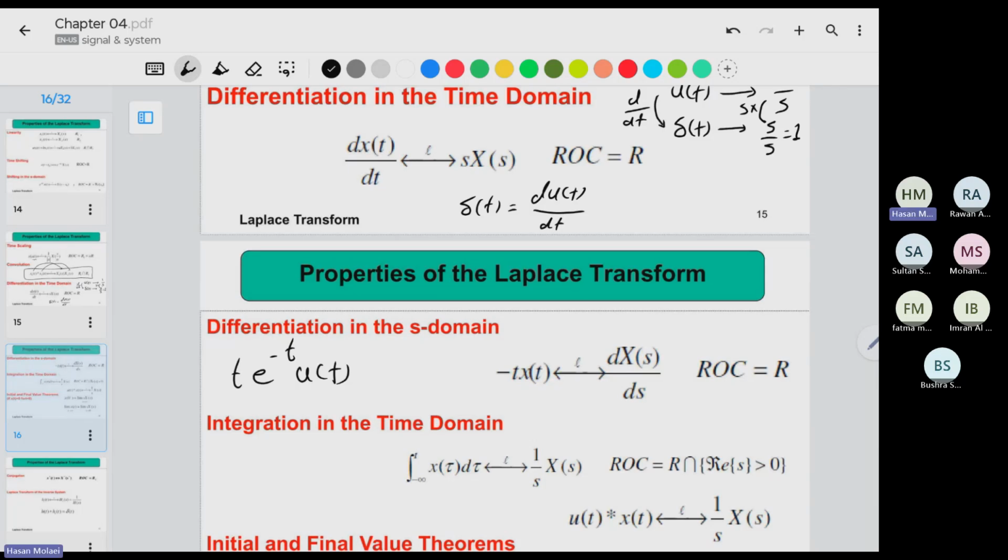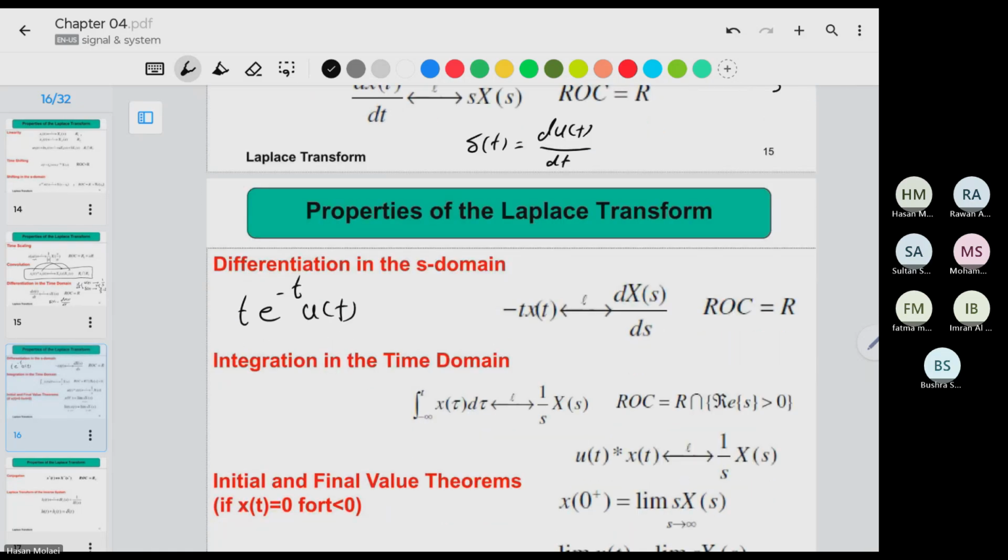What is the Laplace transform of this signal? We know this one. What is the Laplace transform of e to the power of minus t u(t)? 1 over s plus 1.